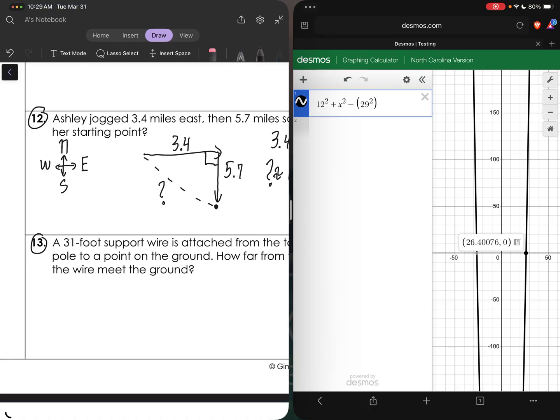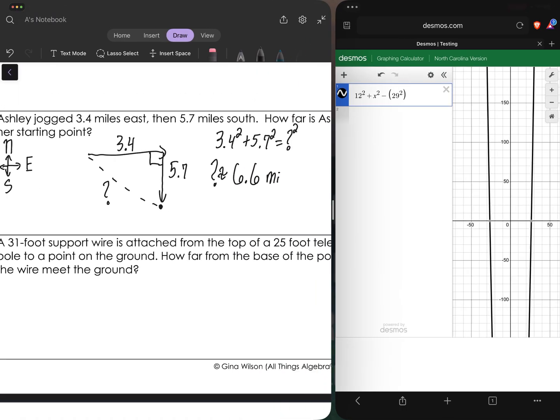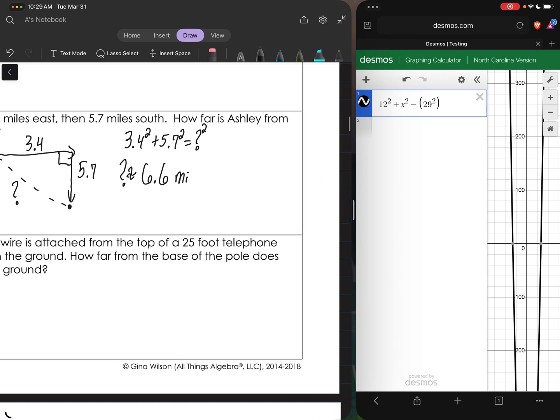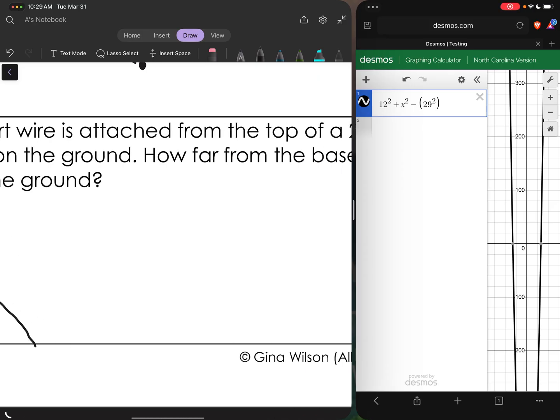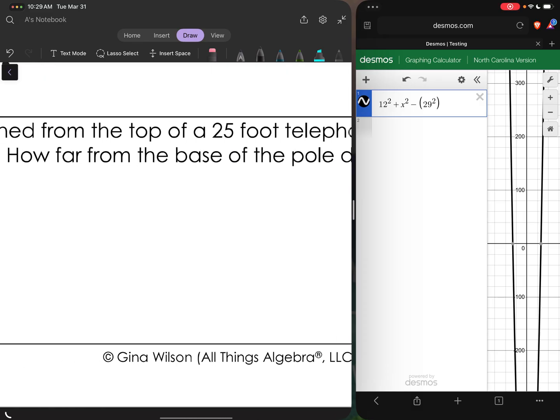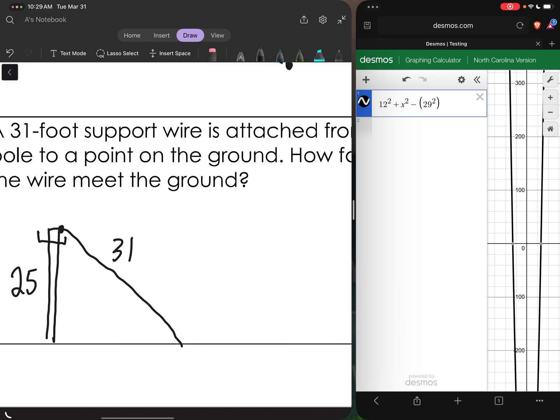All right, number 13. A 31-foot support wire is attached on the top of a 25-foot telephone pole. Okay, telephone pole, support wire. It says this is 25 foot, this is 31 foot. How far from the base of the pole does the wire meet the ground?